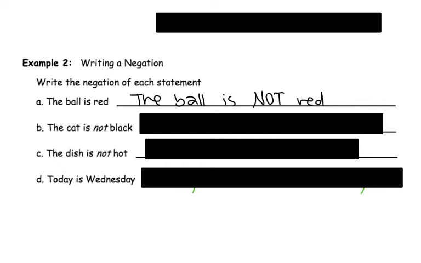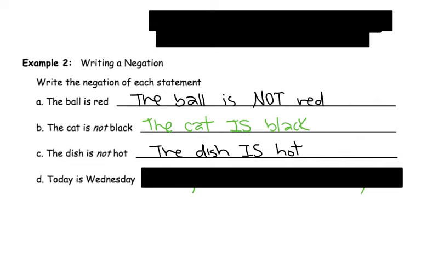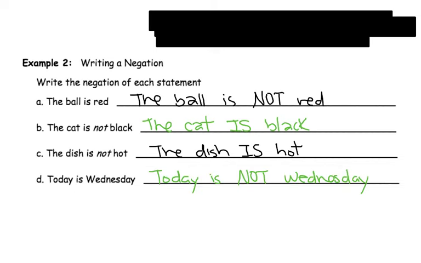So the negation of that would be the cat is black. C, the dish is not hot. The negation of that statement would be the dish is hot. And D, today is Wednesday. The negation would be today is not Wednesday.